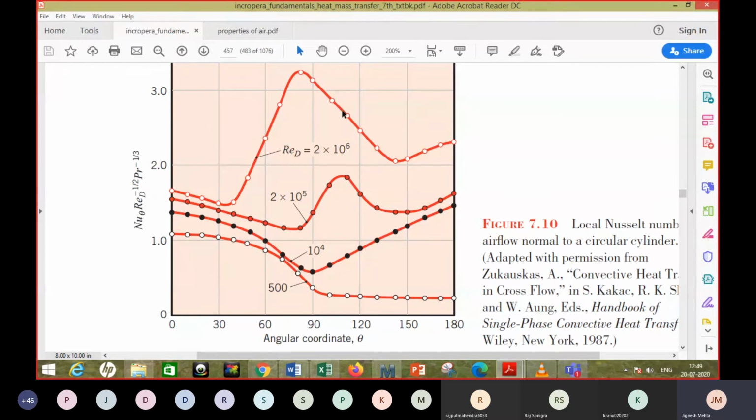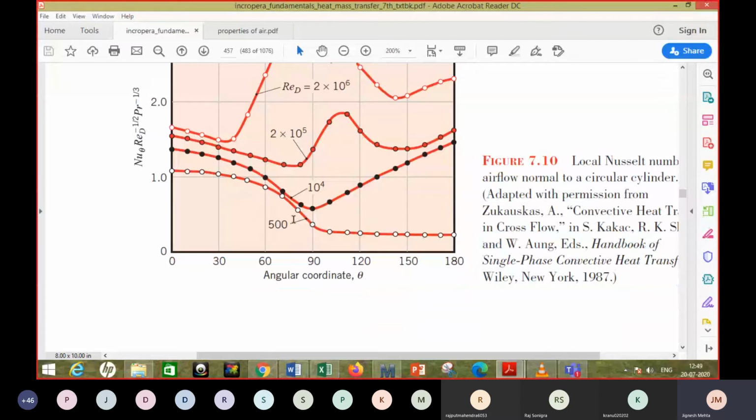So it keeps on decreasing, but then again at around 140 degrees there is flow separation, and it again starts increasing. So you see two minima when the flow is turbulent, like this is one minimum value, another local minimum value. So you see two minima in case of the high value of Reynolds number or turbulent flow, but you see only one minima when the flow is laminar.